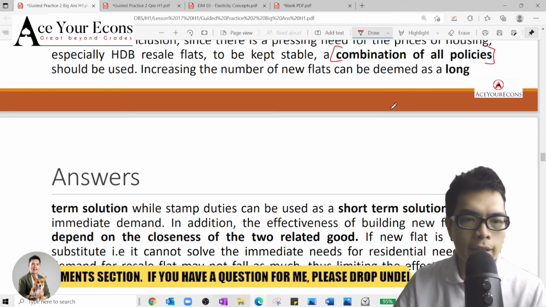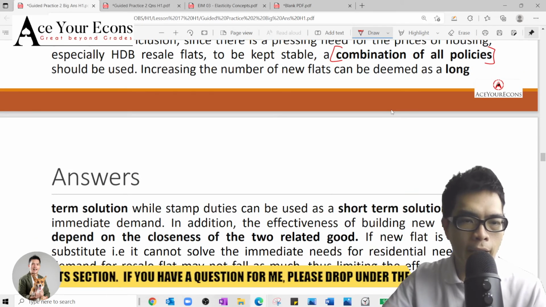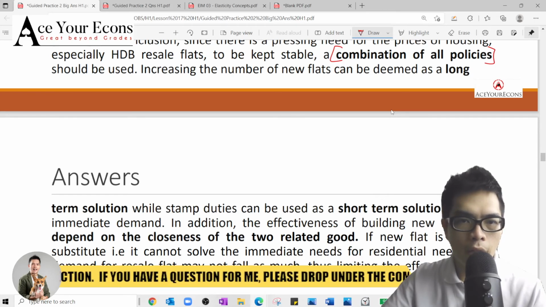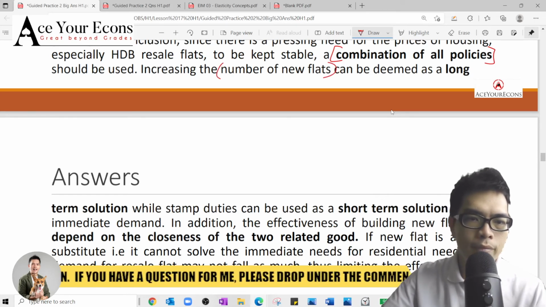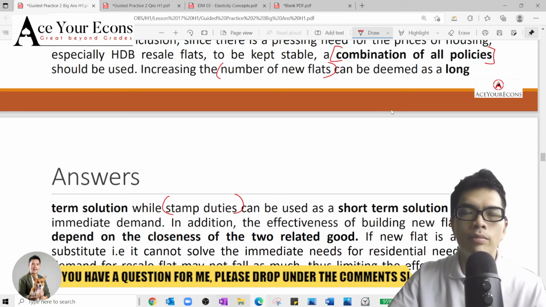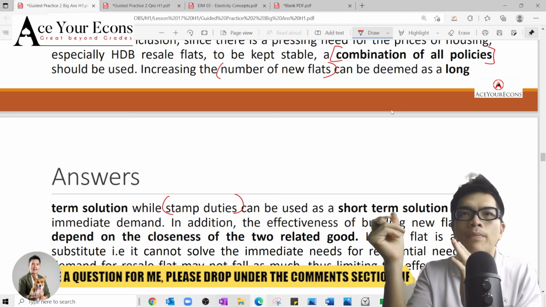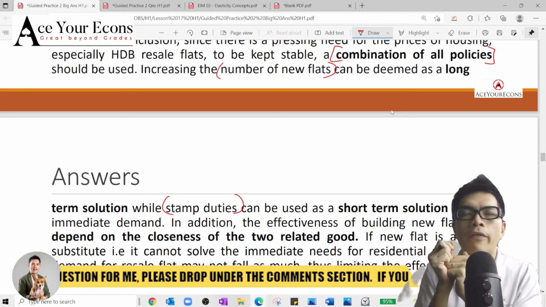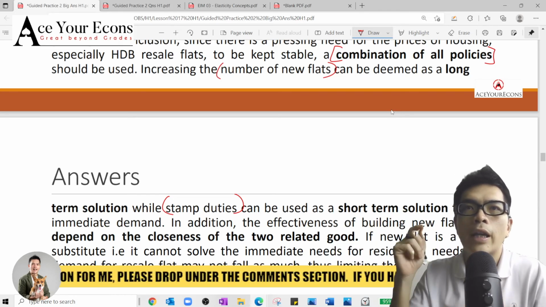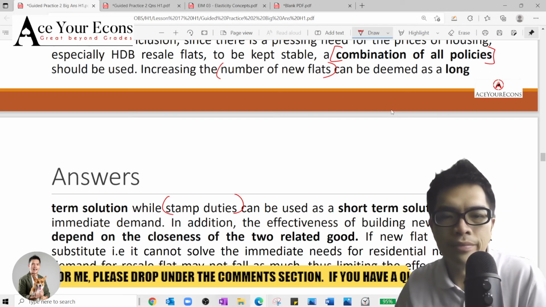One of them can target long term: new flats will target long term. Stamp duties are short term, so they complement one another nicely. The government can just implement stamp duties immediately, and everyone will be affected. But they cannot build flats immediately.